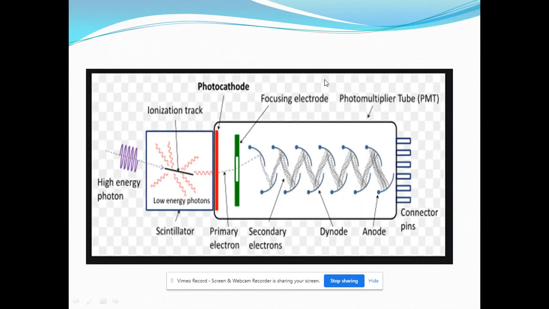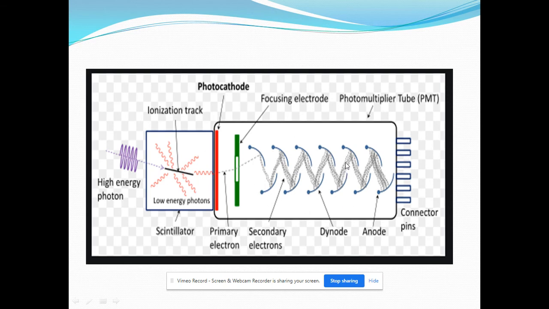This is the photomultiplier tube. The detector changes photons into electrons so that they can be detected. The photomultiplier tube acts as an electron multiplier. The PMT is constructed within an evacuated glass tube.